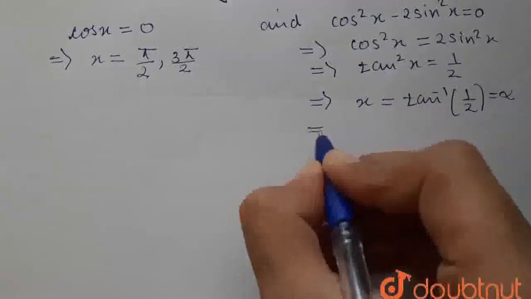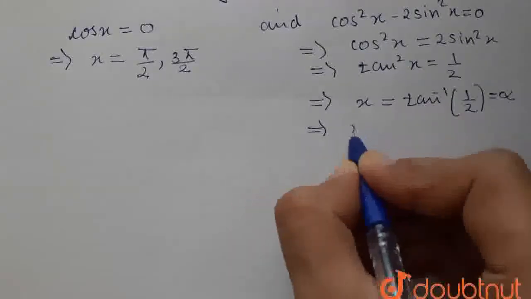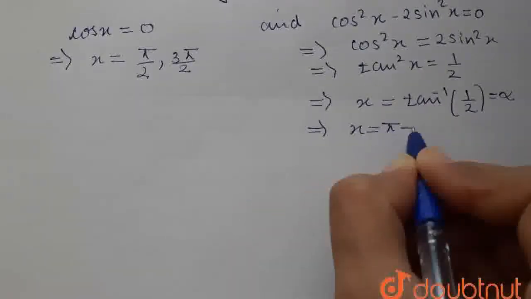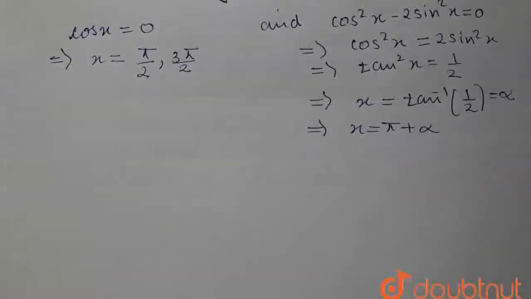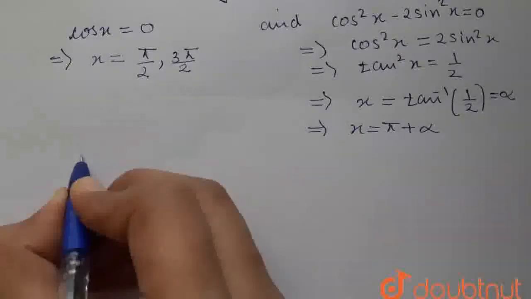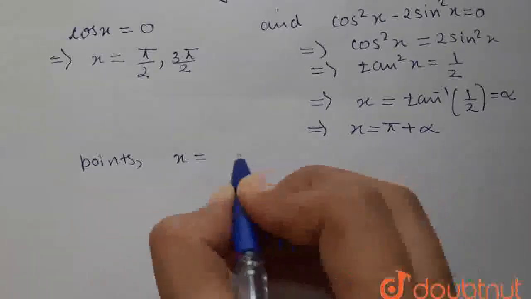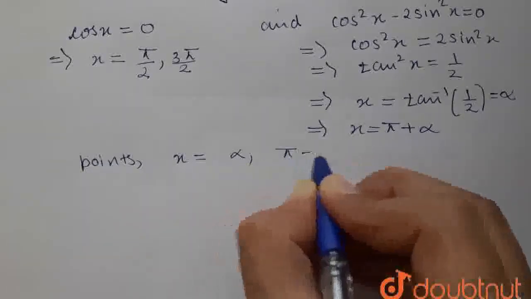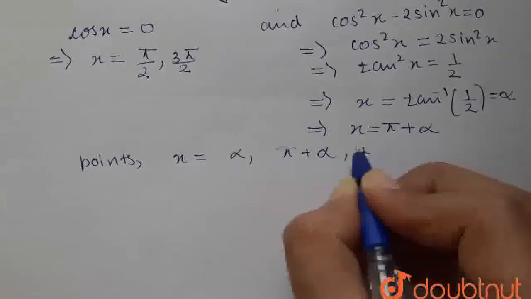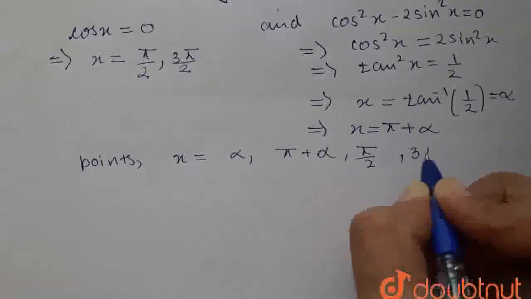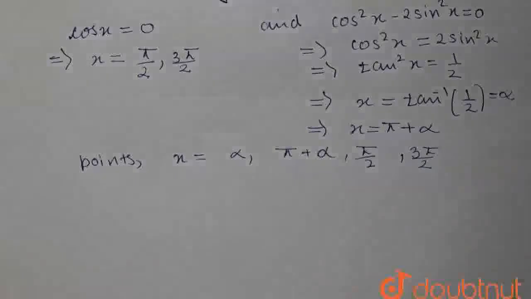So from here we can also say that the value of x will be pi plus alpha. So our points are x is equal to alpha, pi plus alpha, pi by 2 and 3 pi by 2.